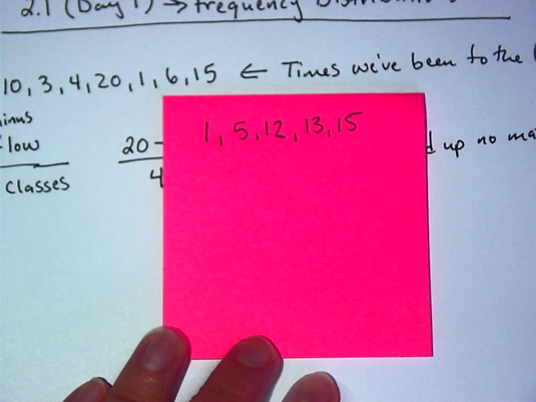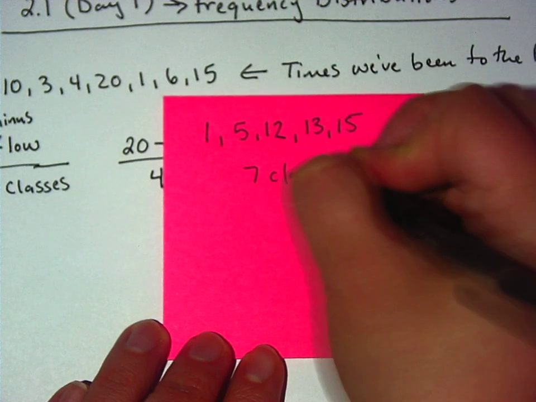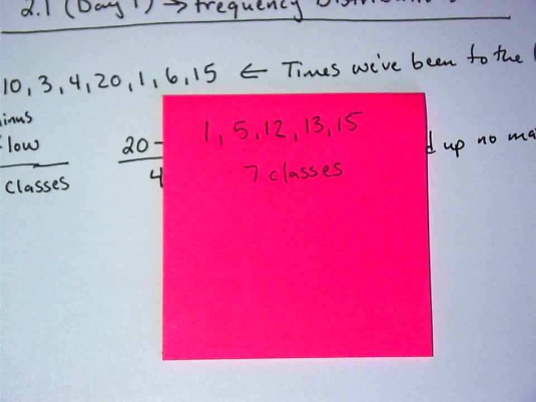Okay, so if I took my highest number and I was going to do 7 classes, if I did my highest number minus my lowest number right now, what would I have?